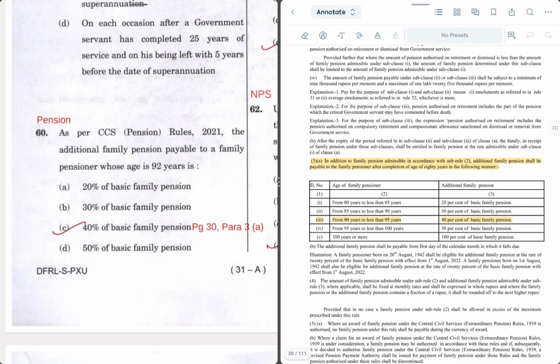So if the age is between 90 to 95 years, 40% of basic family pension will be the amount of additional family pension. हमने ऊपर भी एक कैलकुलेशन की थी ग्रेचुइटी वाली, यहाँ पे भी यूपीएससी ने उस तरह से कुछ पूछा. So the right answer is 40%.